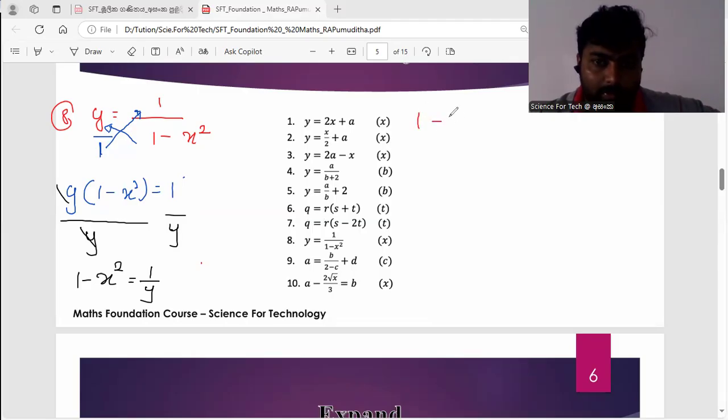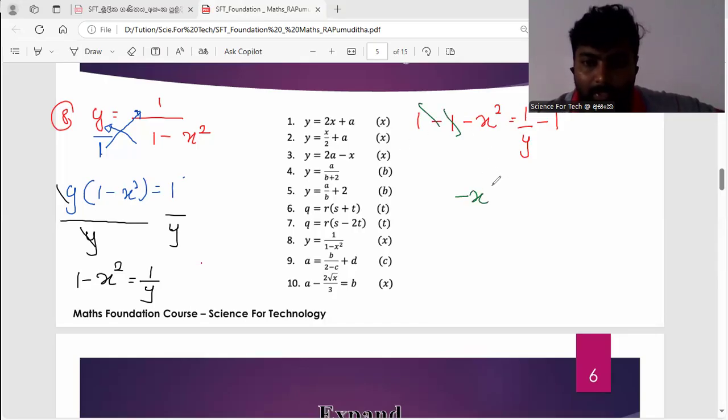Plus 1 minus 1 minus x squared equals 1 divided by y, the additional part, then minus 1. What happened then? These terms get cancelled. Then minus x squared equals 1 divided by y minus 1.